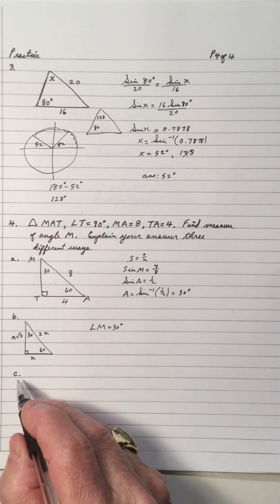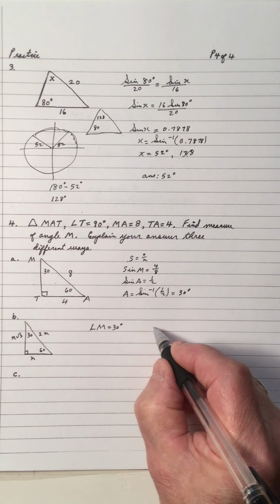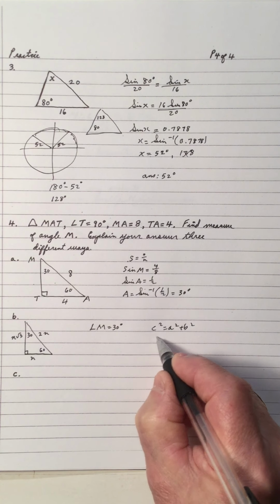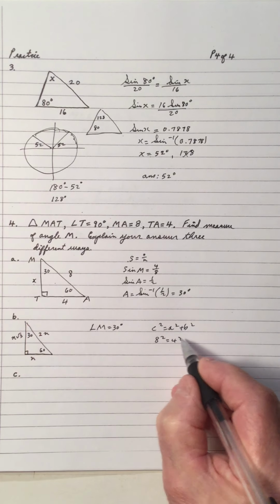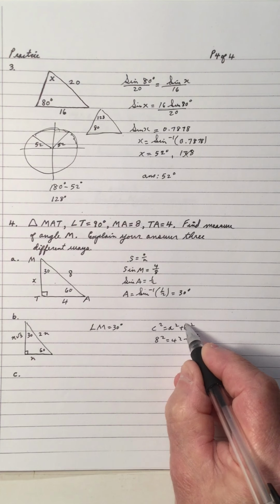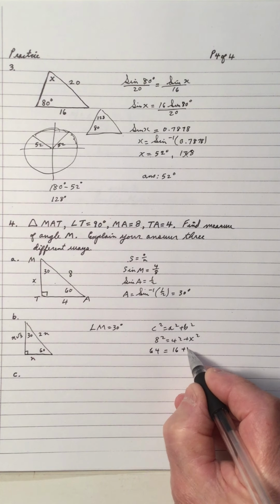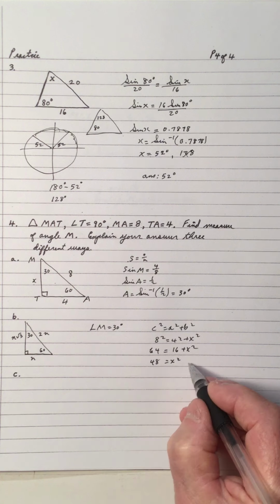We could work this side out right here by Pythagorean. So we can go c squared is a squared plus b squared, and 8 squared is 4 squared plus, let's call this x squared. So that's 64 equals 16 plus x squared, and x squared is 48.